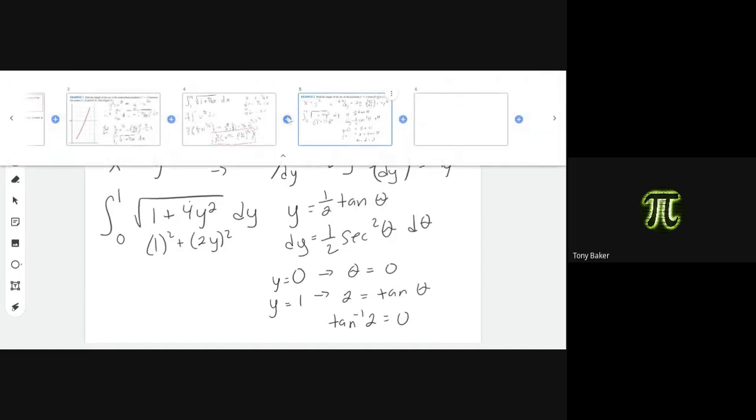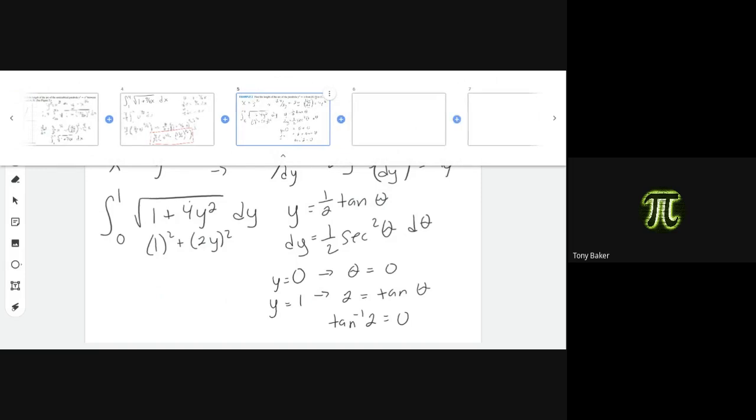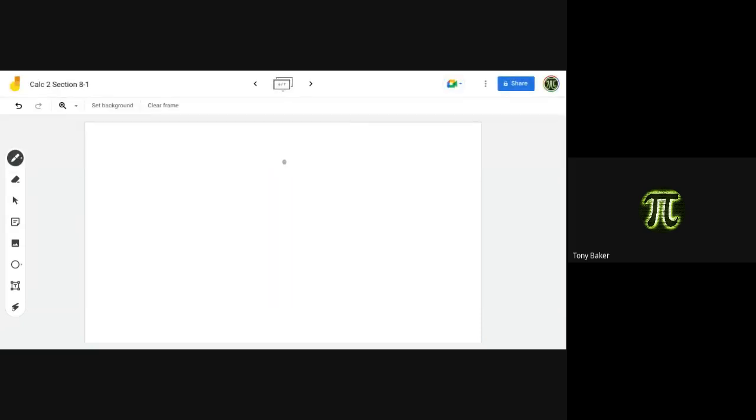I'm going to run out of room, so I'm just going to run out of this screen. And then it was 1/2 secant squared theta d theta.